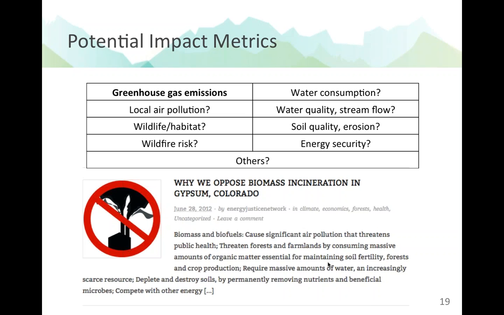And when we polled our stakeholders, it was very interesting because I was assuming that there was going to be a wide variety of interest in all these different impact metrics, and that was going to be tough for us because we didn't necessarily have the resources to hit all of these things.